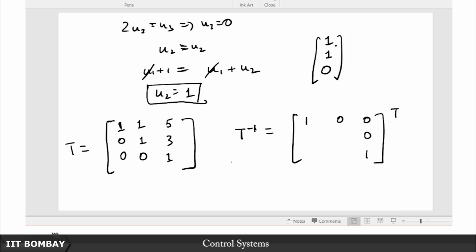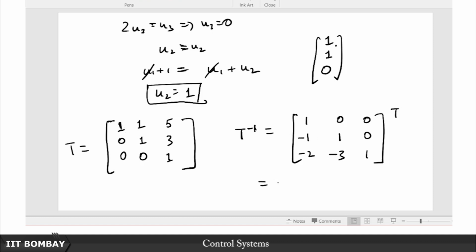This entry here is 3 with a minus sign I believe, and this entry here is going to be 3 minus 5, so that is minus 2, and this entry here is going to be 1. I think we will have to change the sign, yeah, minus 1, and finally the central entry will be 1.